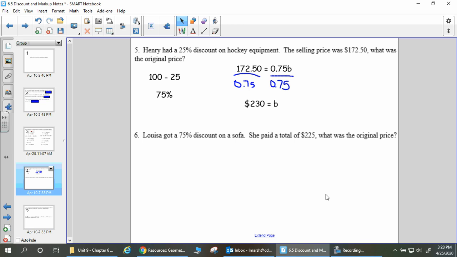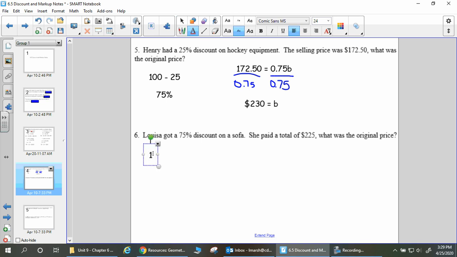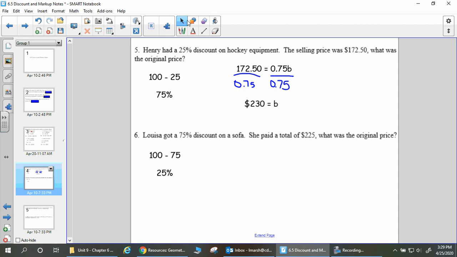Question 6 is going to work the same way. Hit pause if you want to do it yourself. Question 6 says Louisa got a 75% discount on a sofa. She paid a total of $225. What was the original price? Again, I'm going to take that same concept. It was 100%. She took 75% off. So that means she's paying 25% of the item.